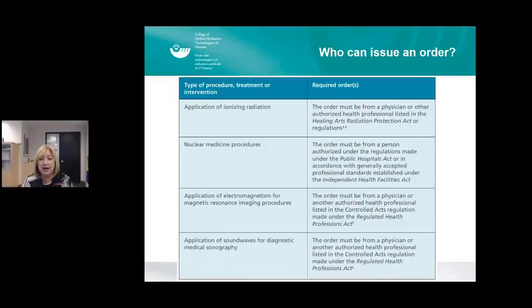So, of course, the application of ionizing radiation is under the Healing Arts Radiation Protection Act. An order for nuclear medicine procedures has to be done in accordance with the Public Hospitals Act or the Independent Health Facilities Act. The application of electromagnetism is under the Controlled Acts regulation under the RHPA, along with sound waves for diagnostic medical sonography, also under the Controlled Acts regulation of the RHPA.